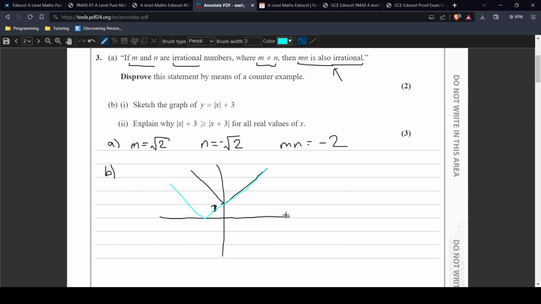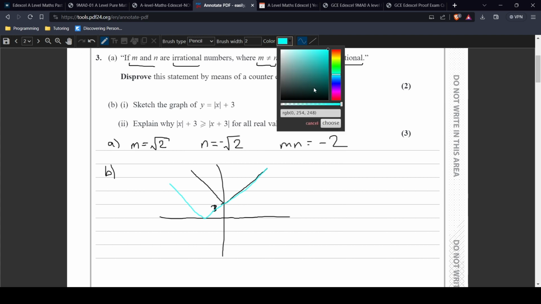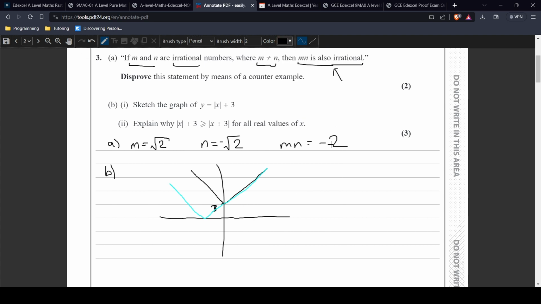And from here you can just describe what you're seeing. So for values of x bigger than or equal to 0, the graphs overlap, so therefore they're equal there. So in other words, for x bigger than or equal to 0, we have that mod x plus 3 is actually equal to mod x plus 3, like this.